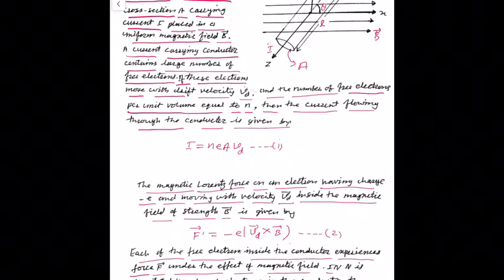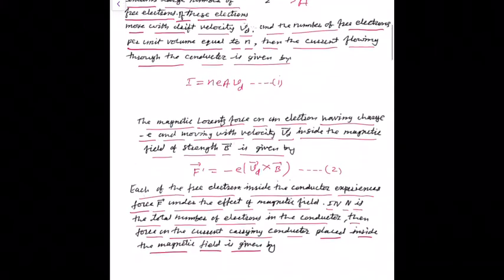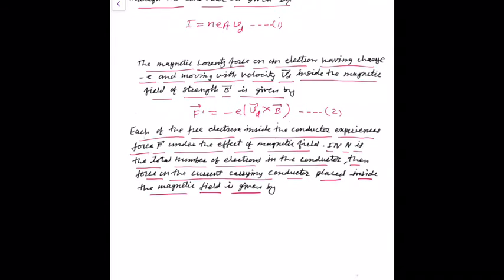If capital N is the total number of electrons in the conductor, then the force on the current carrying conductor placed inside the magnetic field is given by F vector is equal to capital N into F dash vector.